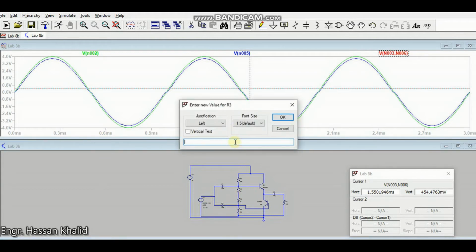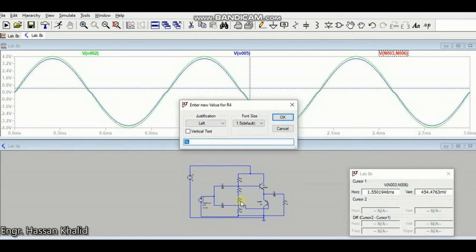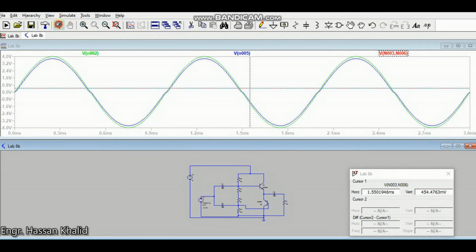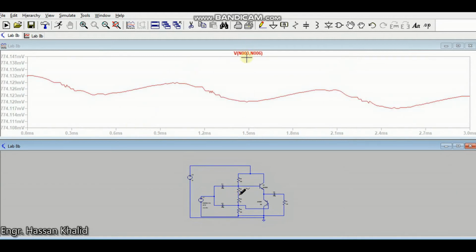Let's check it at 5k. This is 5k, this one is also 5k, and now you can easily realize that both the waveforms are synchronized with each other, and there is almost not a single amount of crossover distortion present over here. So let's measure the voltage that is now moving into each junction.